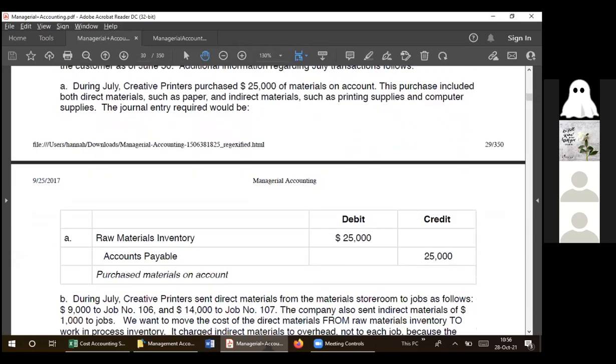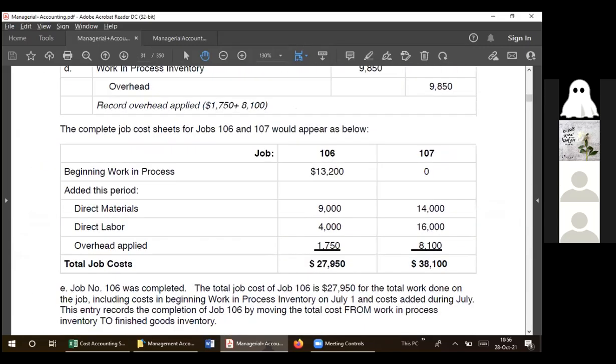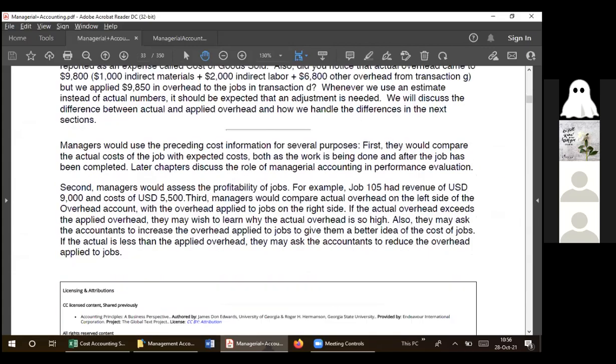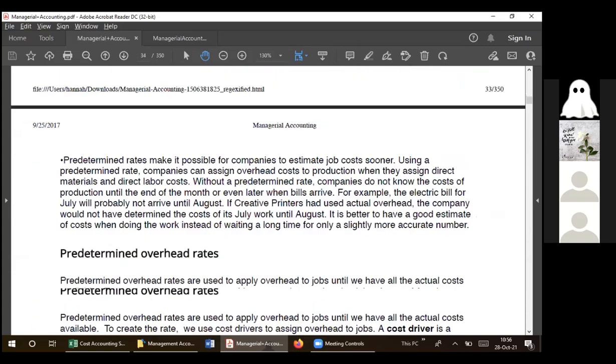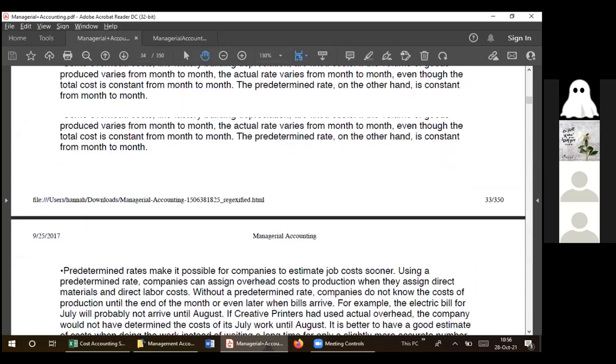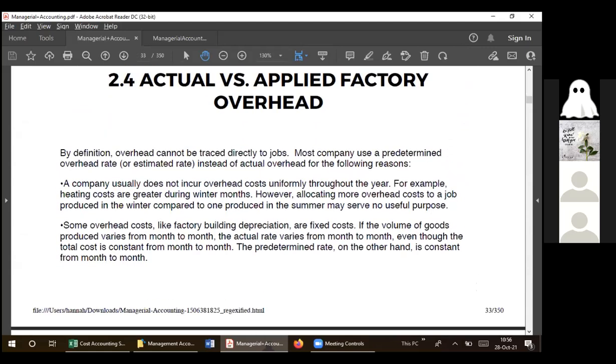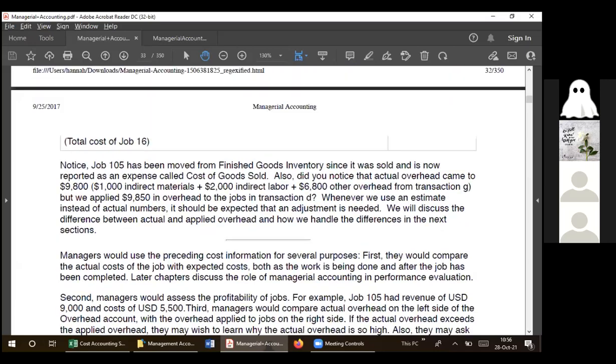Then they have explained the journal entries for that. So we are skipping the journal entry part because that will just create a lot of confusion in this.